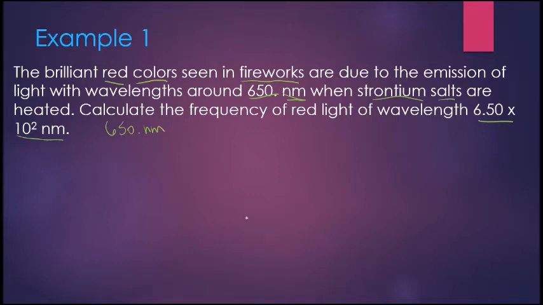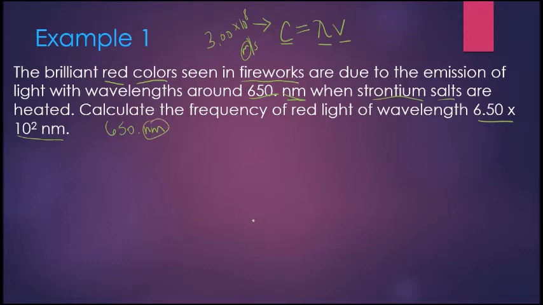Now I need to calculate the frequency, and I know my equation is c equals lambda v. I know c because c is always 3 times 10 to the 8th meters per second, because that's the speed of light and it is a constant value. Now, before I can do anything else, I cannot just directly plug it in here. This is in meters, this is in nanometers.